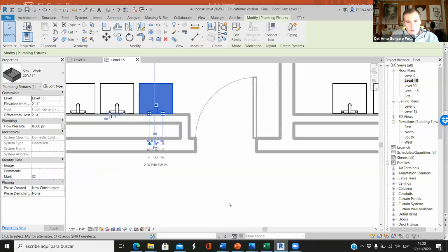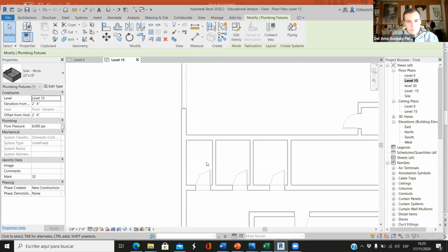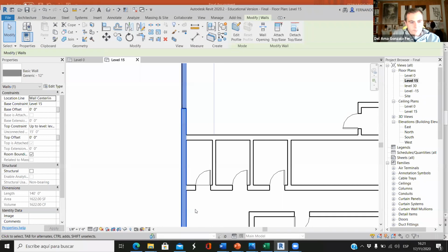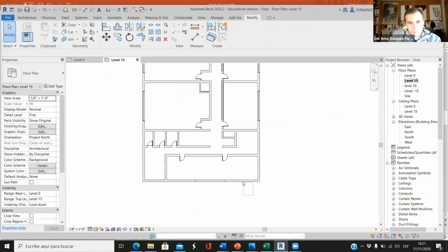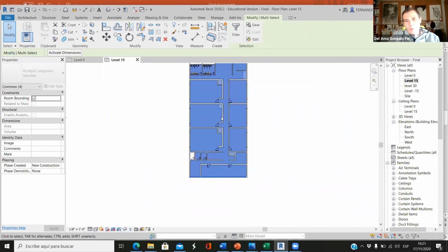So this shaft on the Revit file is here. I think in the 3D view, or even if we work with the architectural discipline, as you can see, we have this floor.